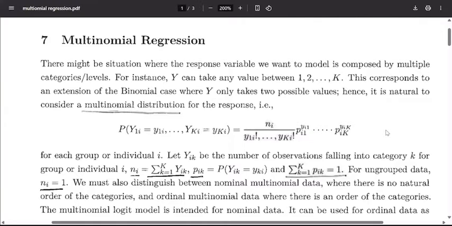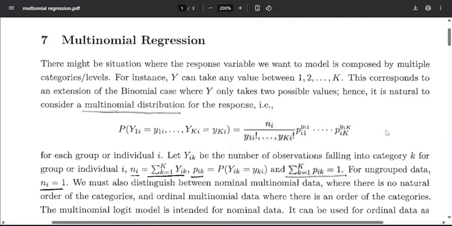If the response variable is continuous, and our intention is to investigate the relationship between variables or to make a prediction of the response, of course, we're going to use normal linear regression. When the response variable is categorical in a way that it has two levels, we're going to use binary logistic regression.